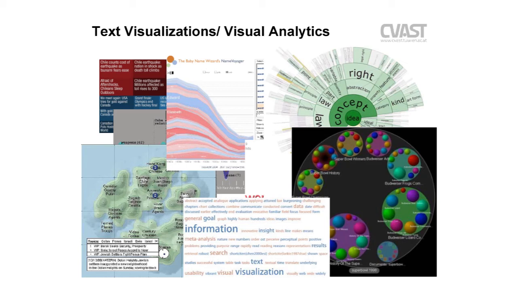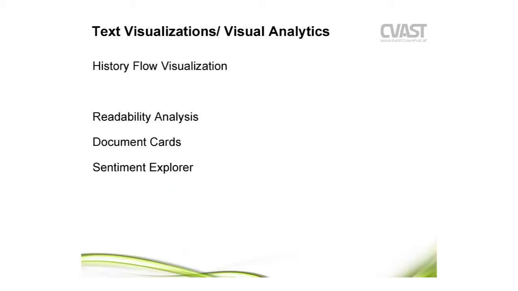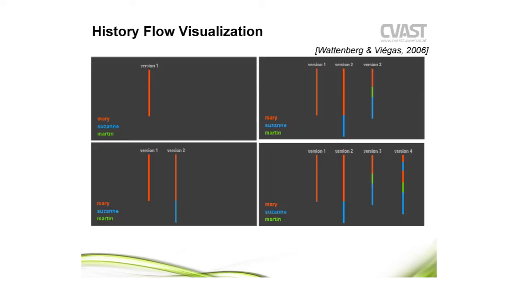I want to show four small examples, just to give you a clue what's going on here: the history flow, readability analysis, document card, and sentiment explorer. Due to time, I will only give you two of these examples. The history flow.